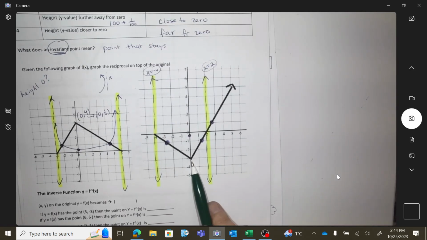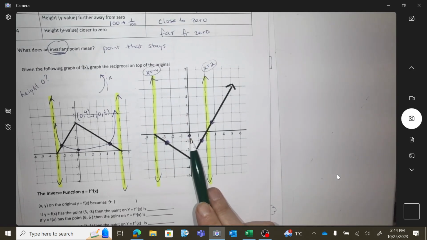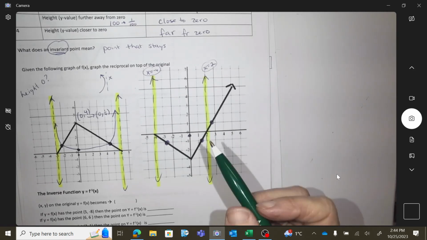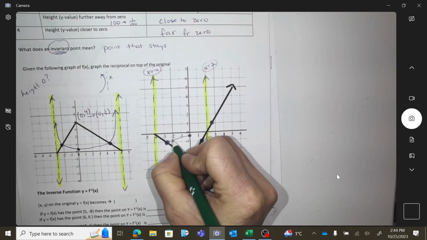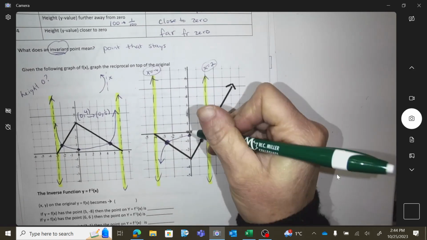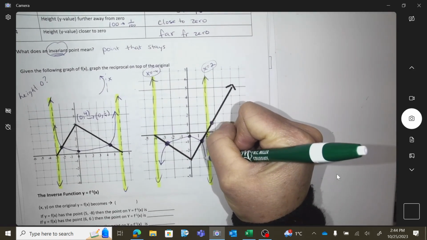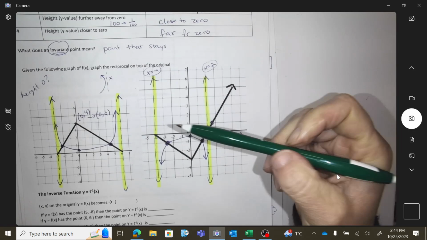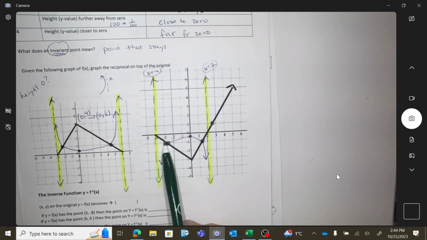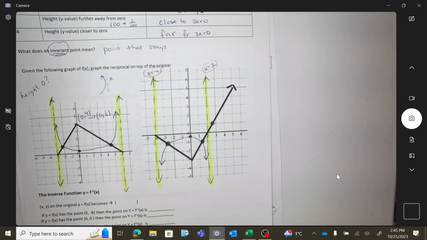So -3 becomes -1/3. And then I'm going to shoot along my asymptotes because this pattern is getting closer to 0, so I should be shooting away from 0. Okay, are we kind of remembering this from last year now that it's happening?